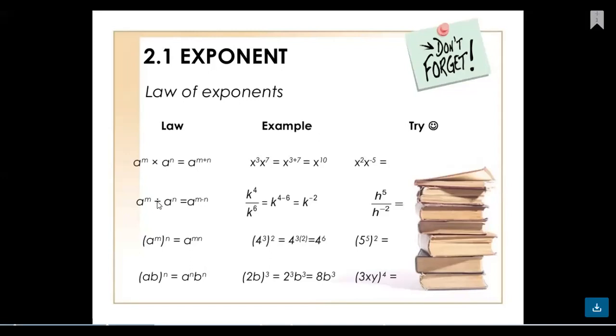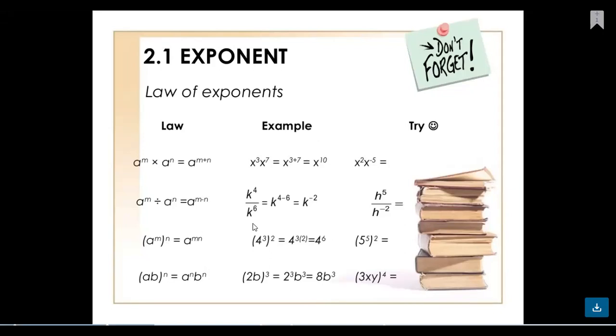And kapag division, ima-minus naman natin, magsusubtract tayo ng exponent. Kapag ganito yung representation with parentheses and outside, kumbaga parang yung exponent ay exponent pa natin. That's the thought. Then, the answer will be, we are going to multiply the exponent from outside to the inside.